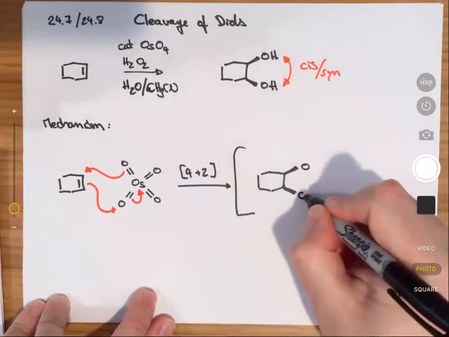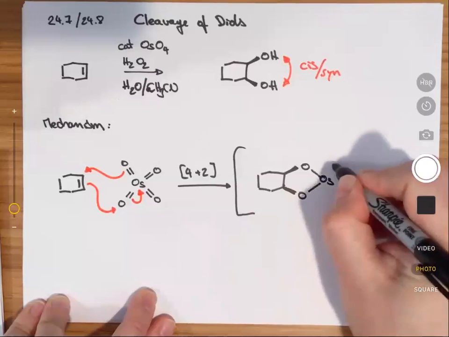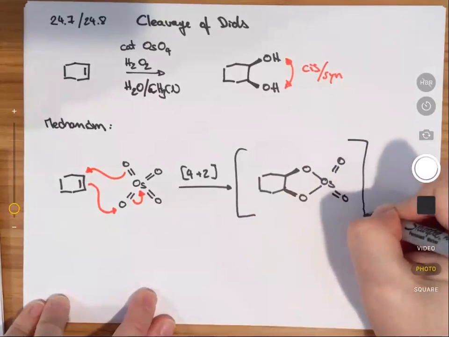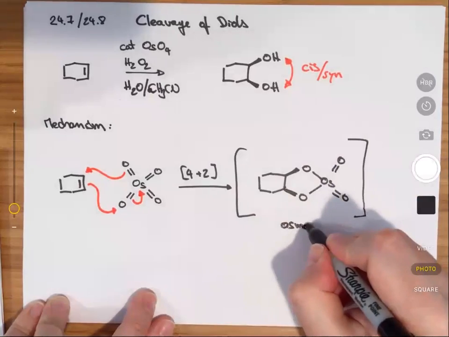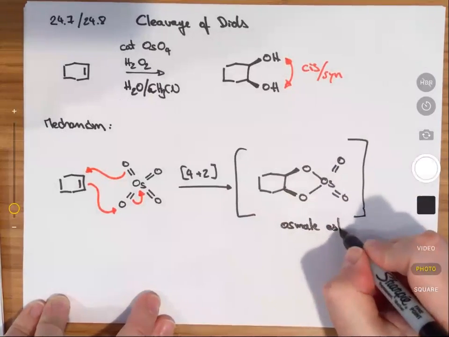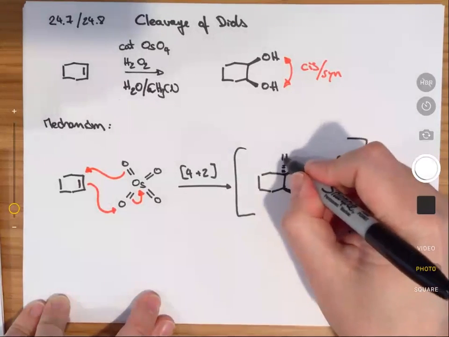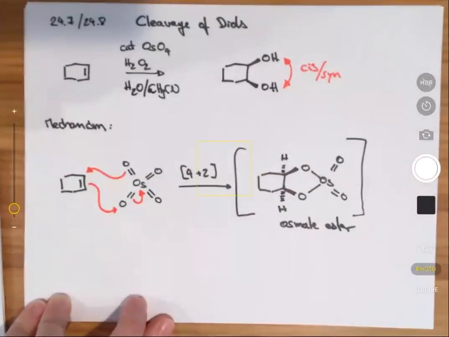So you have an oxygen here, and then your osmium, O, and this is your osmate ester. And I can draw the stereochemistry in here. So the hydrogens at these positions go towards the back.